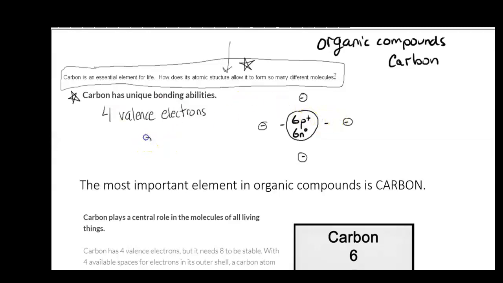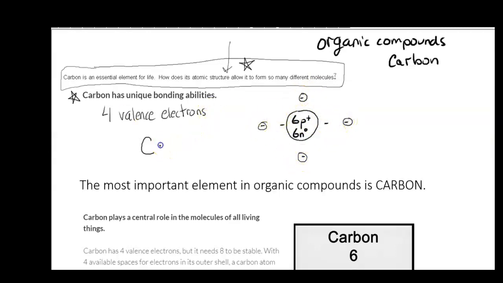If I draw the symbol C right here for carbon, and I only include, we call this an electron dot diagram, the 4 outermost electrons. Yes, it has 6, but it only has 4 on the outside. 2 of those 6 are way here on the inside, right?